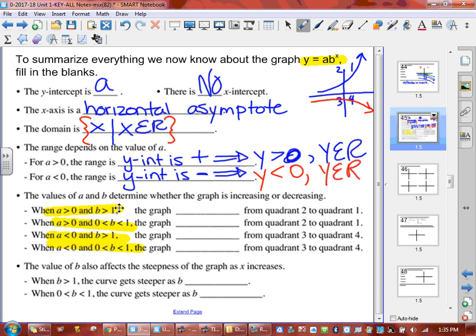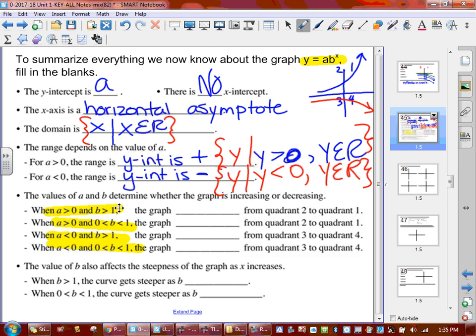It's very rare we have to deal with these negative A values, but we have to know they exist, because on certain diploma questions, they will ask you to adapt your knowledge, which means we need to understand what the reflection is going to do in the bottom half of the quadrants. So these would have in the front braces y such that, and then the braces at the end. Okay, so that's the official notation for that.